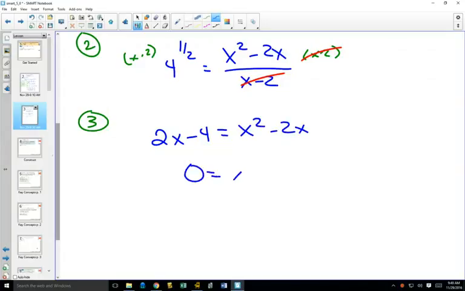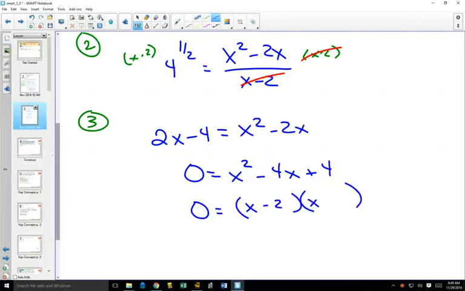This is a quadratic equation, so if you set it equal to 0, you get x squared minus 4x plus 4. And that factors to x minus 2, x minus 2. So you get x equals 2 both ways. And this is all step 3, solving for x.